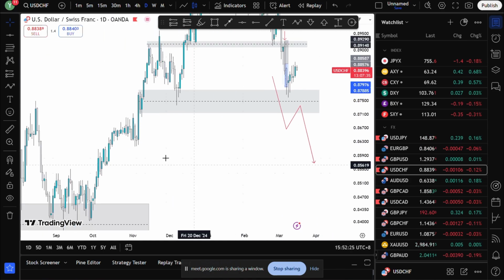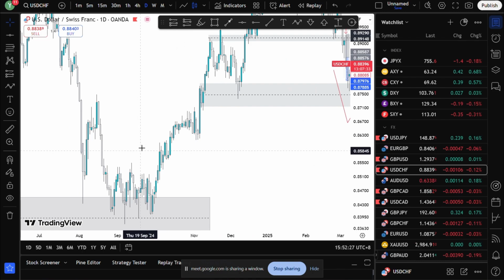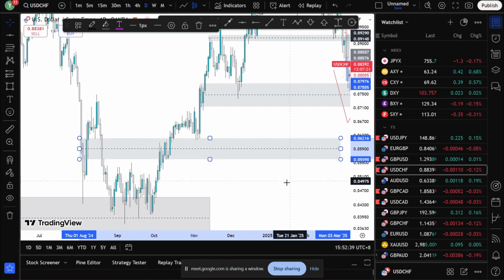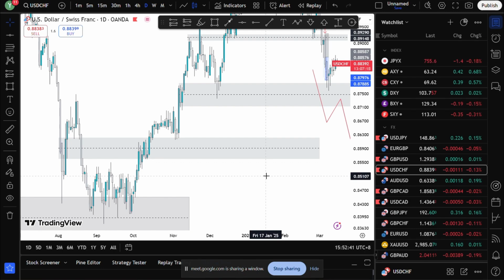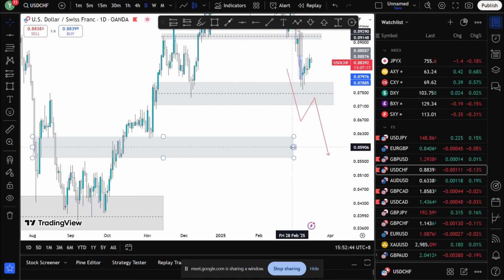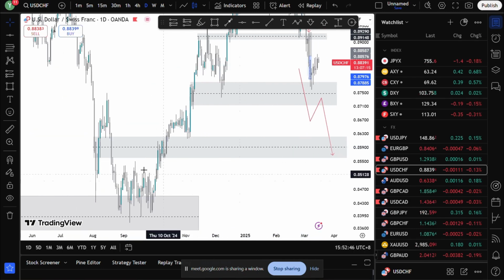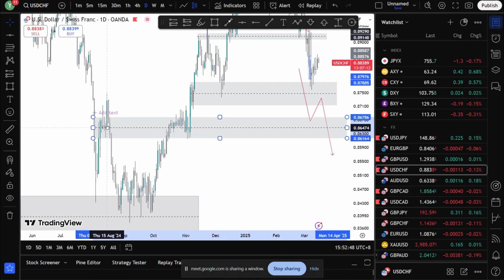Alright, then I can also see the next zone. So here is my next zone. Let me see first.